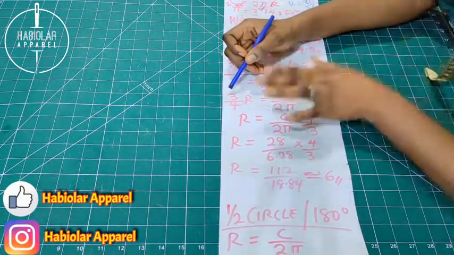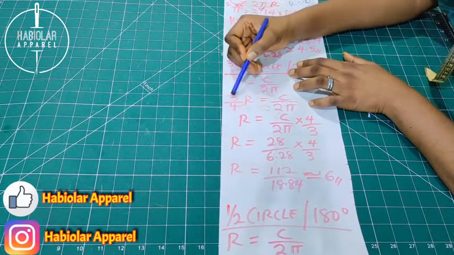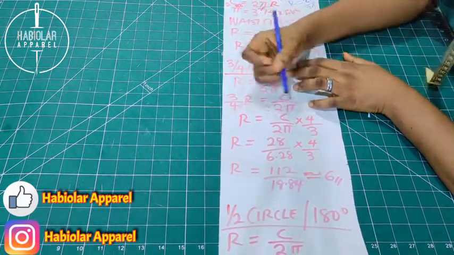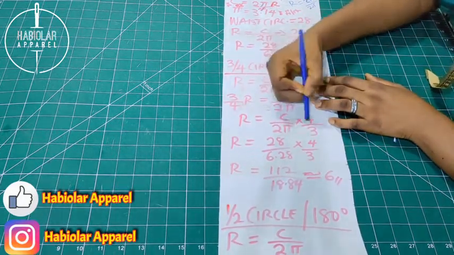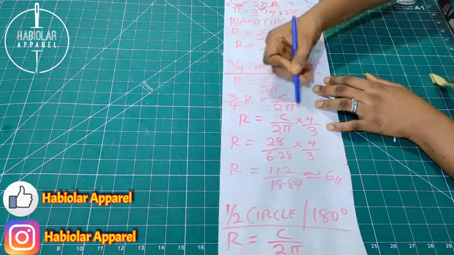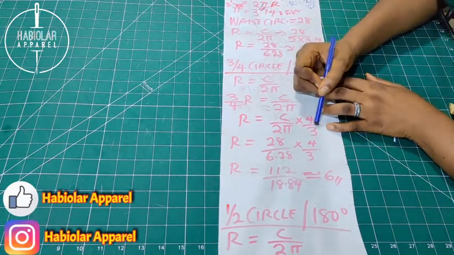And this is what you would do to find the 270 degree flare. 3/4 r is equal to circumference over 2 pi. Then our radius will now be circumference over 2 pi times 4 over 3. It is mathematical. Once this 3 over 4 crosses to the other side, it will interchange. Then it will now be 4 over 3.